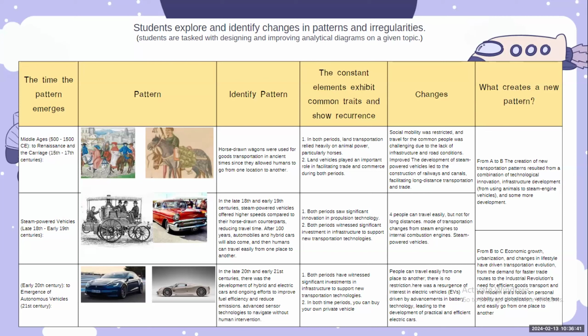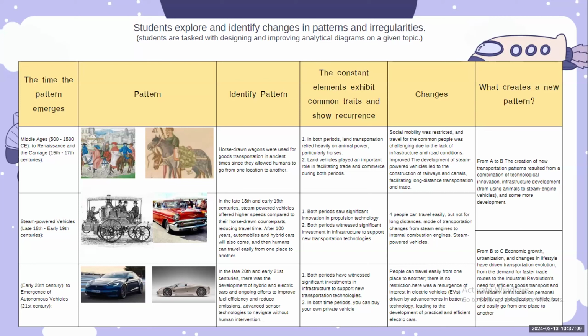So the change is about social novelty and restrictions. Travel for common people was challenging due to lack of infrastructure and road conditions, and the development of construction, railways, and canals improved long-distance transportation and trade. In the 19th century, people could travel, but not over a long distance, because the vehicles were not good enough to support it.